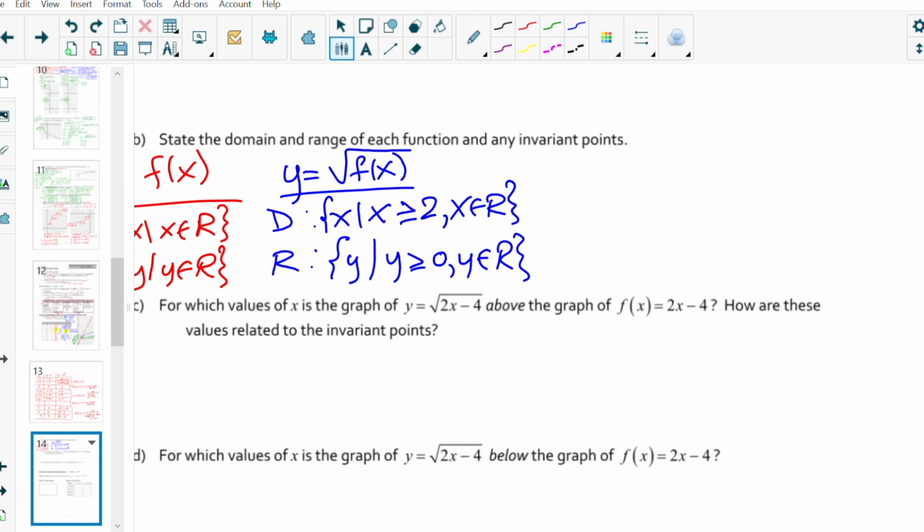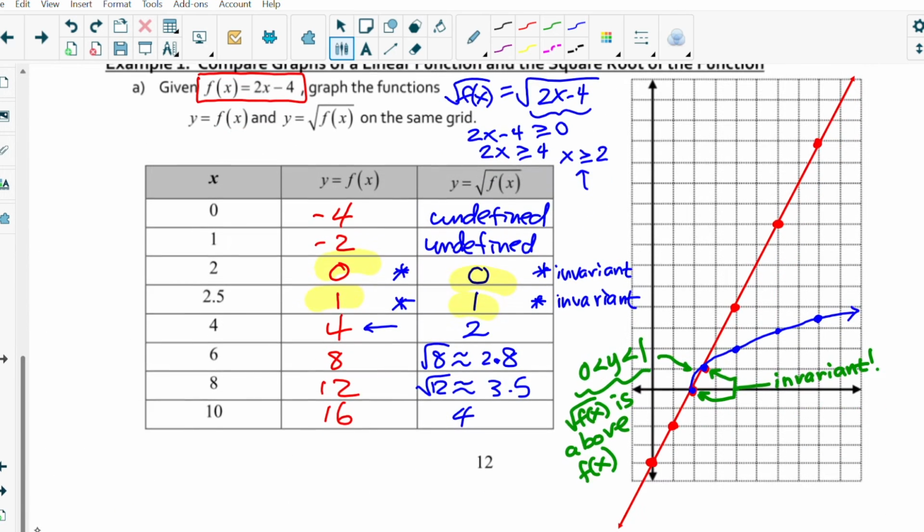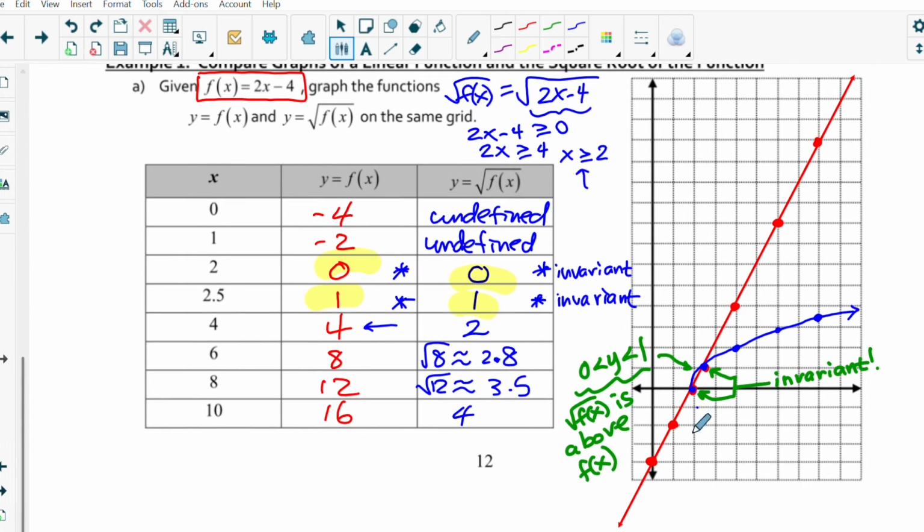So if I go back to the graph, folks, visually, we can see that x is greater than or equal to 2 for our domain, and y is greater than or equal to 0 for our range.